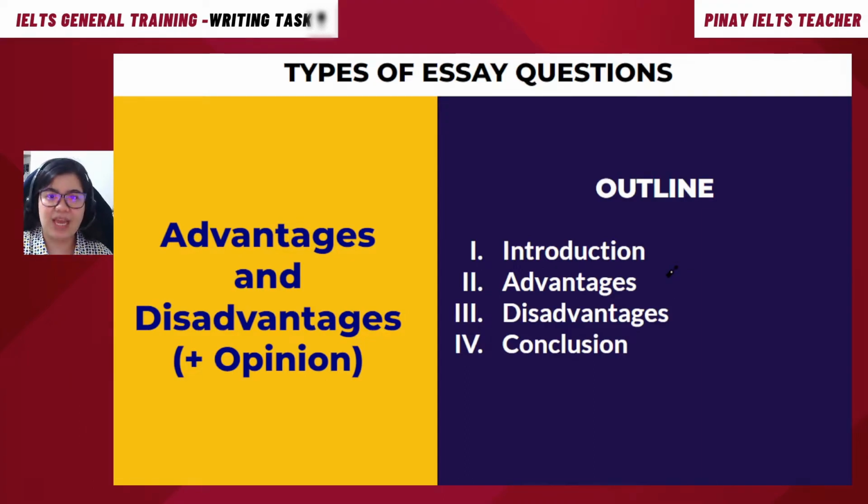Now you will say, this essay believes that there are more advantages than disadvantages because of blah, blah, blah. And then you go to main idea advantages, main idea disadvantages. And then that opinion will be repeated in your conclusion. You again restate that statement, and because of this and this, that's why you think this is more advantageous than it is disadvantageous. All right, so that's the only difference.